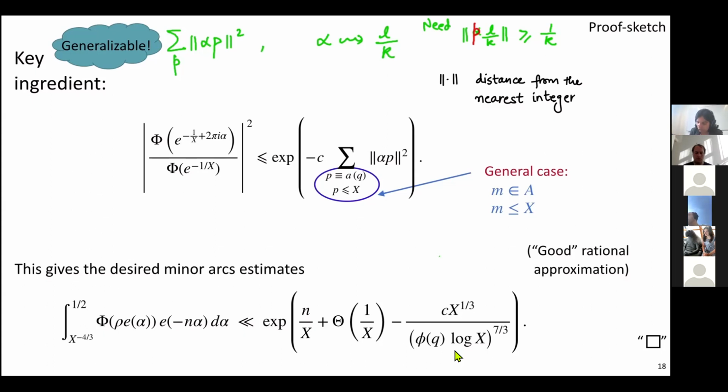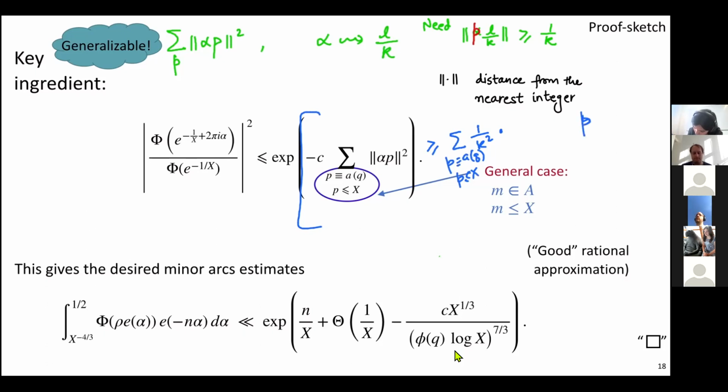So you want to replace this by this 1 over K quantity. Once you have done that, let me say this very quickly, this will be 1 over K squared, for P congruent to A mod Q and P less than X. However, now you also need how many distinct conjugacy classes there are.